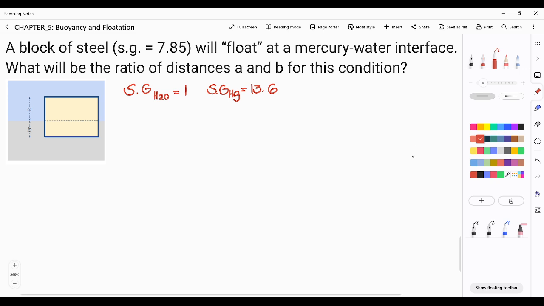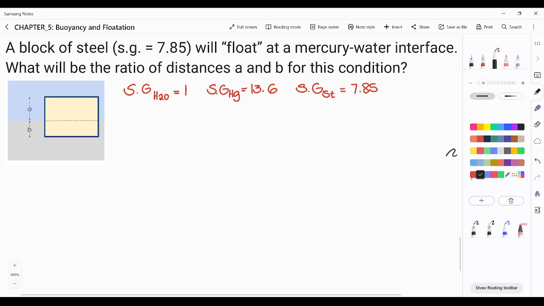And we are also given the specific gravity of our steel, which is 7.85. So, hahanapin natin yung ratio ni A at B. That's what we're looking for in this problem.